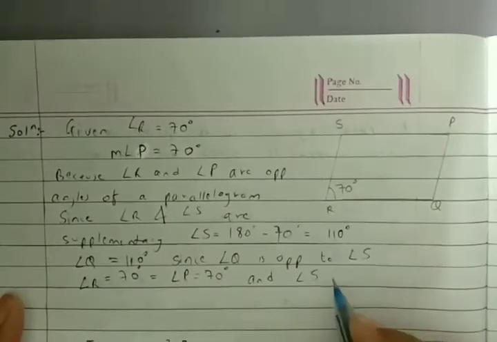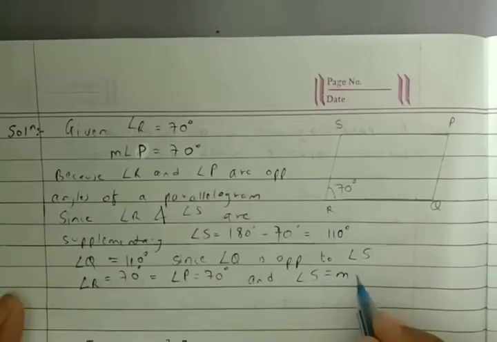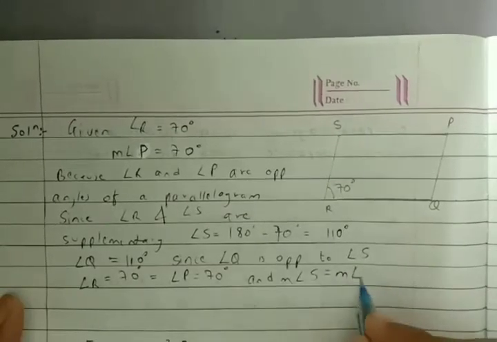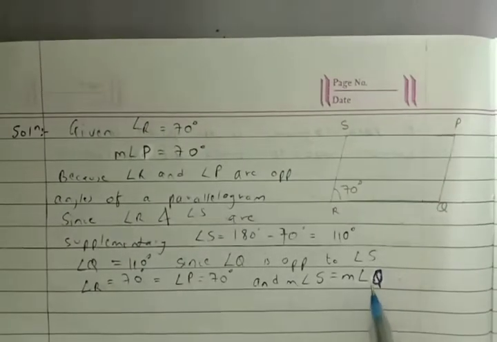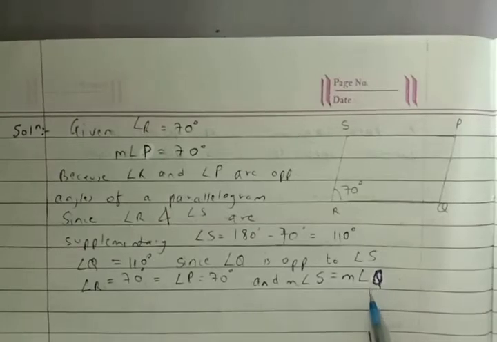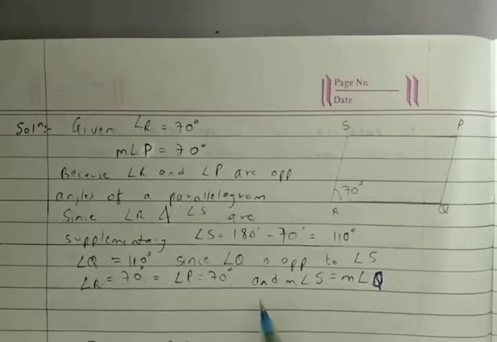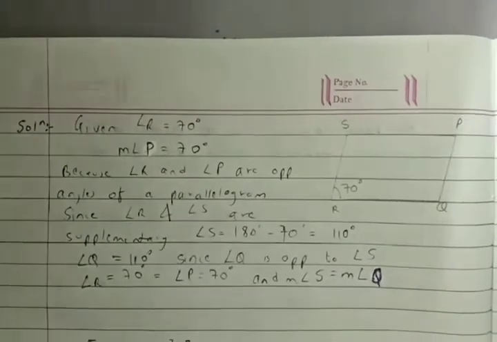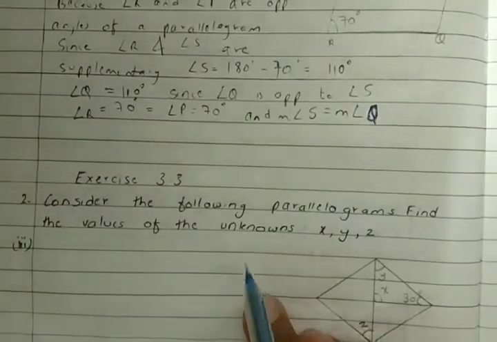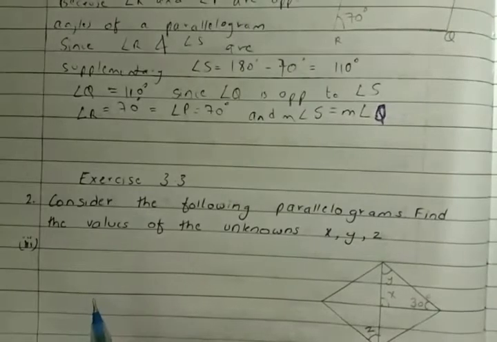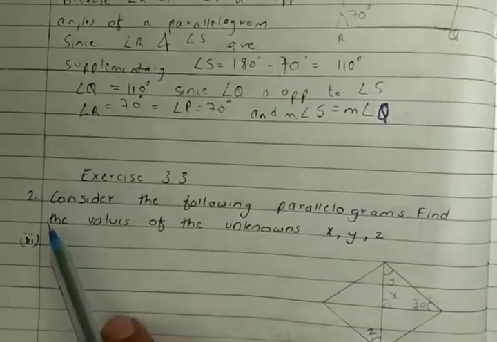Angle S is equal to measure angle Q. This is the summary of the example. Let's solve exercise 3.3. Question number 2.